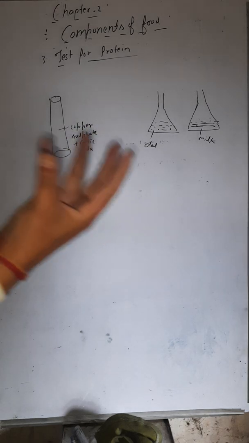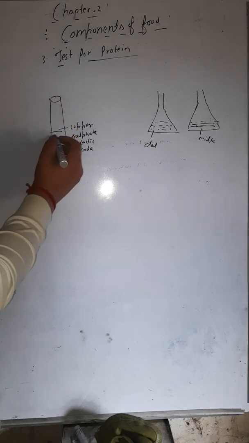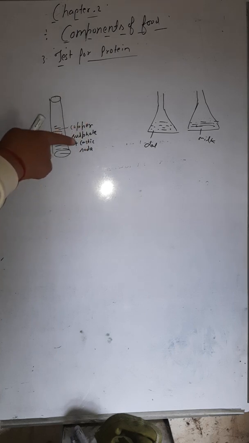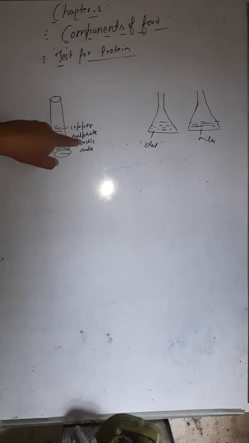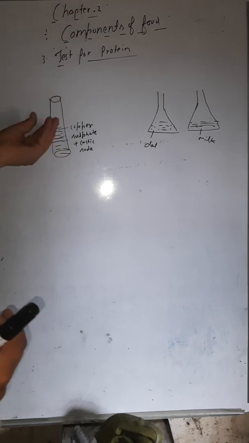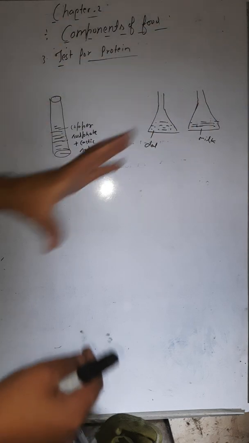So in this test tube I have the solution of copper sulfate and caustic soda. Now I pour a few drops of this solution in the dal, and a few drops in the milk also.